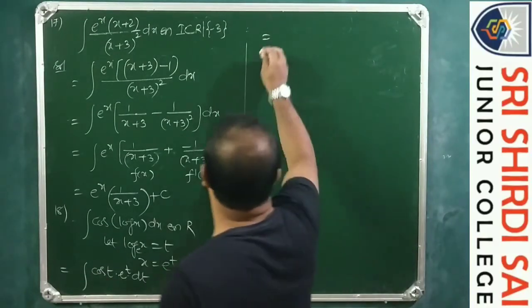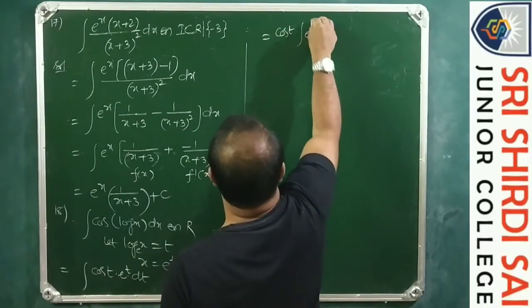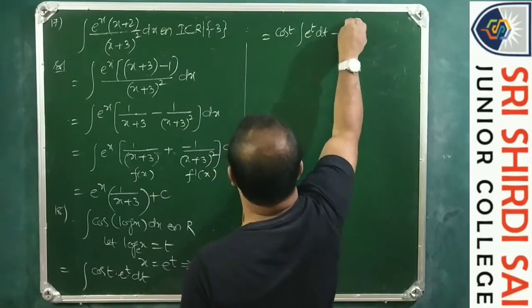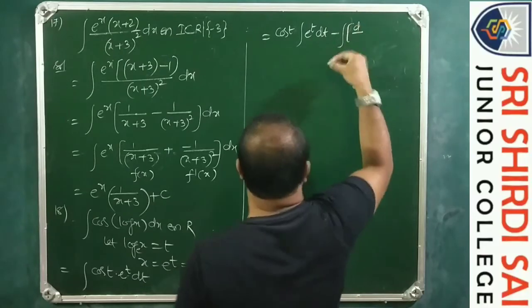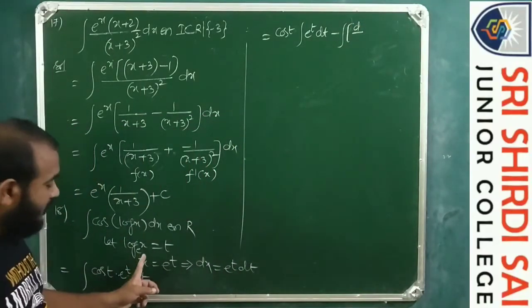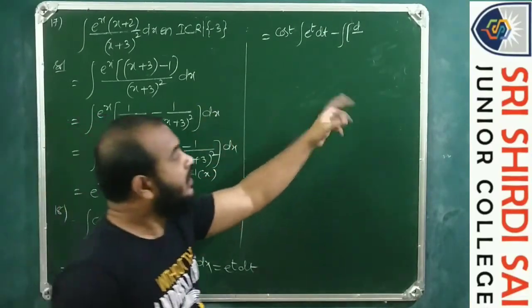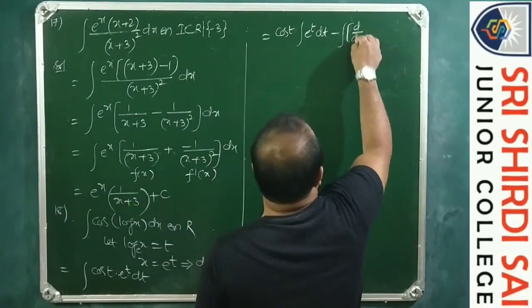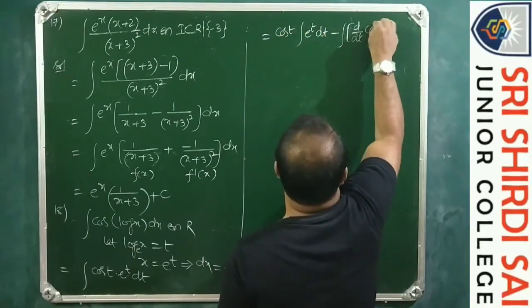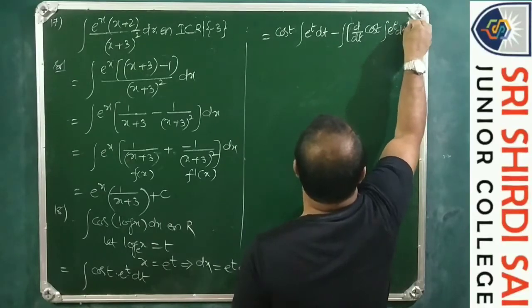So first function into integral of second function dt minus integral of d by dt of first function into integral of second function dt whole dt, not d by dx, because x has been changed into t.